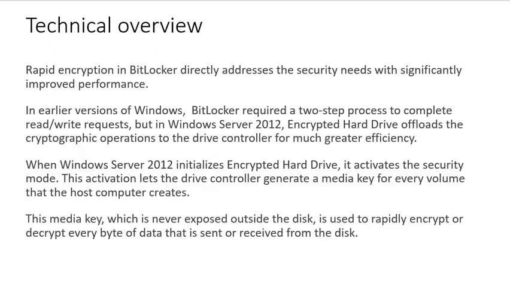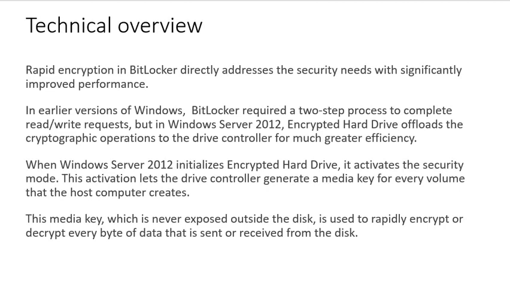Technical overview: rapid encryption in BitLocker directly addresses that security need with significantly improved performance. In earlier versions of Windows, BitLocker required a two-step process to complete read and write requests, but in Windows Server 2012, an encrypted hard drive offloads the cryptographic operation to the drive controller for much greater efficiency.